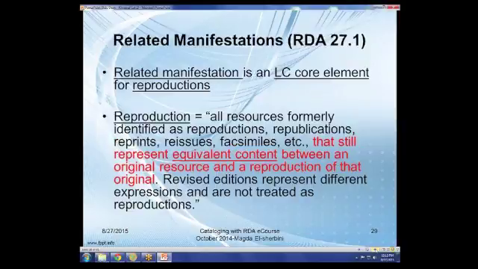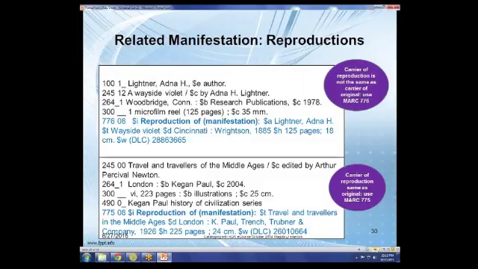So related manifestations, and the one that they're really focused on here is reproductions, reprints, and other cases where the content appears unchanged, even though it's been produced in a new physical form. And here's an example of how this could appear in records that you import.